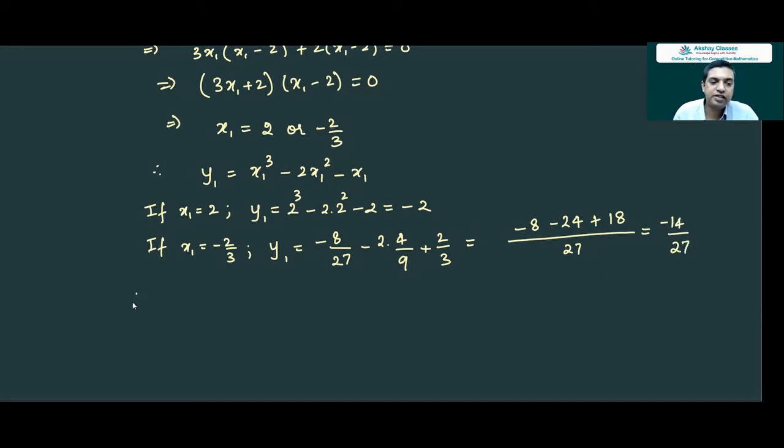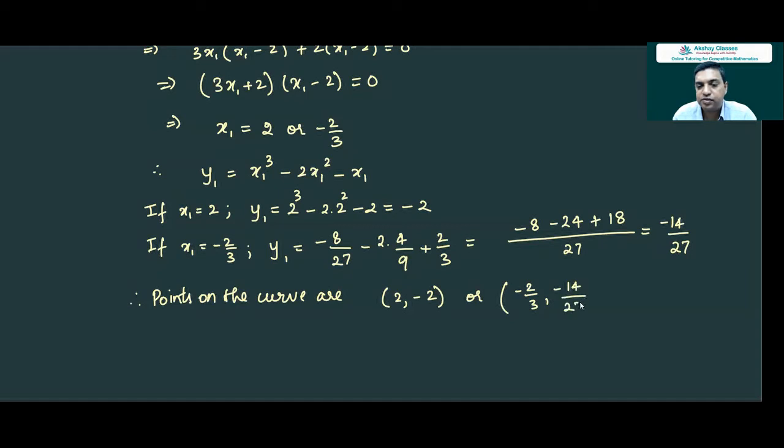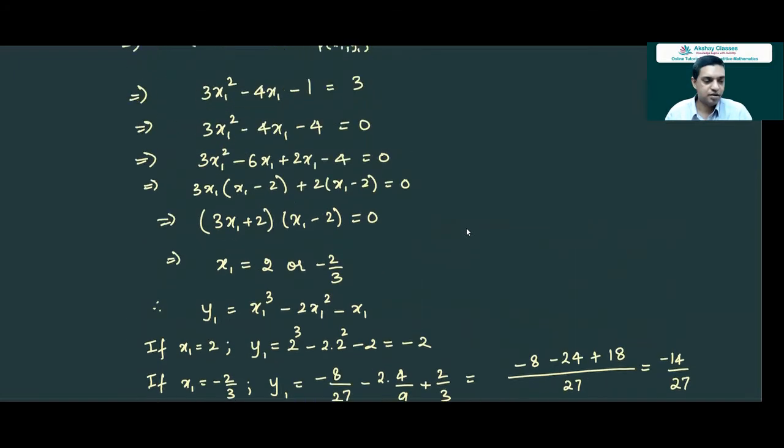So therefore the points on the curve are (2, -2) or (-2/3, -14/27). So there are 2 points on the curve which will have tangents parallel to the line y equal to 3x minus 2.